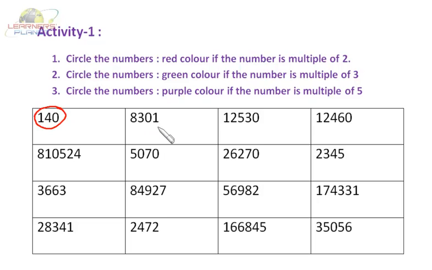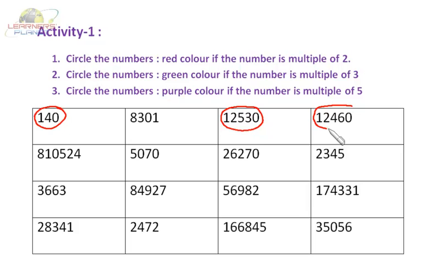Now 8301, the unit digit is 1, so it will not be a multiple of 2. Now 12530, the unit digit is 0, and if the unit digit is 0, then the number is a multiple of 2. So I just circle it in red color. Similarly 12460, the unit digit is 0, that means the number will be a multiple of 2.